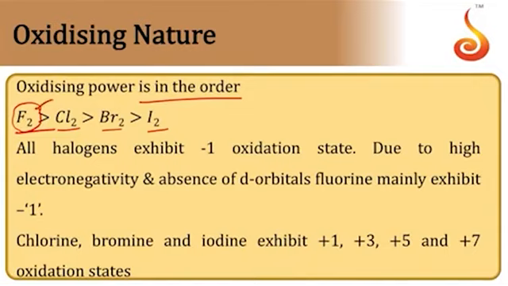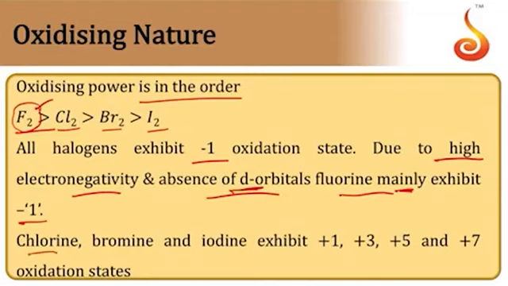When it comes to oxidation states here, all halogens exhibit -1 oxidation state. And due to high electronegativity and absence of d orbitals, fluorine mainly exhibits -1 state. So fluorine mainly exhibits -1 because of high electronegativity as well as absence of d orbitals.